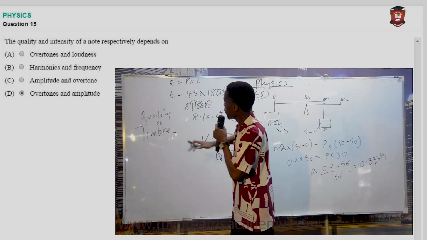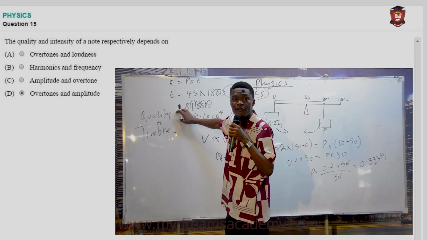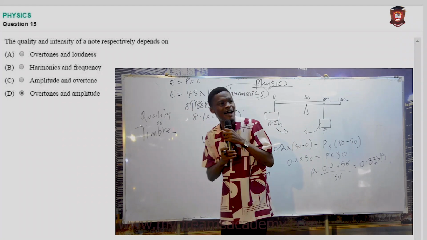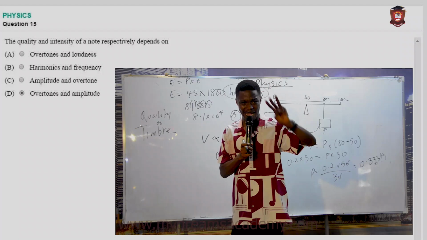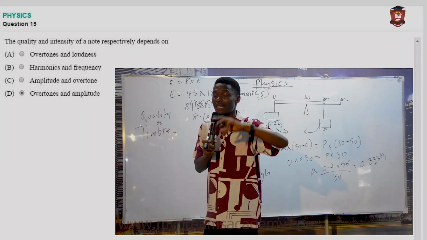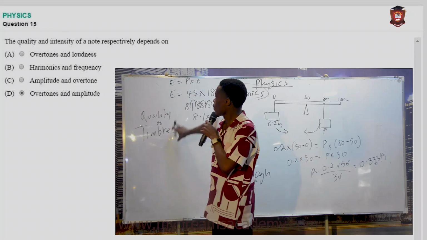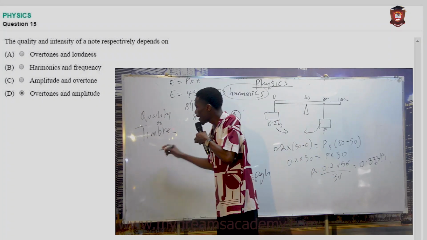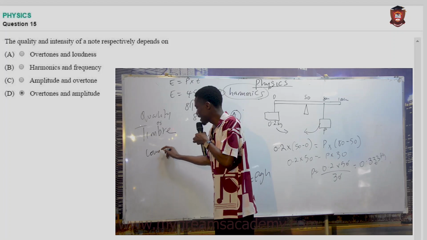Now, apart from quality or timbre, there are other characteristics of sound. In fact, there are 3 characteristics of sound. In a different year, you might see a different question. We have talked about one already: quality or timbre. The second one is loudness, sometimes called intensity.